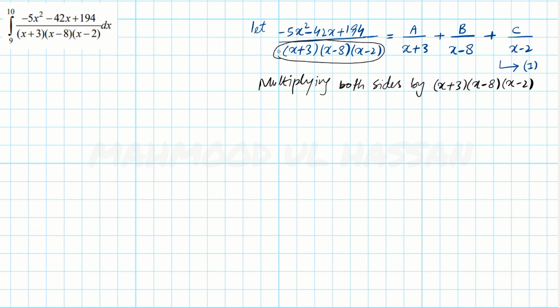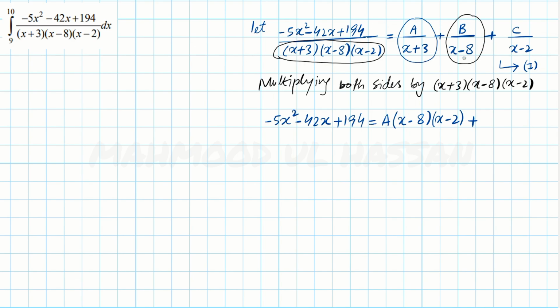When we multiply on the left side of this equation, we get -5x² - 42x + 194. On the right side, when we multiply with the first term, only x + 3 will be cancelled, so we are left with A times (x - 8)(x - 2).